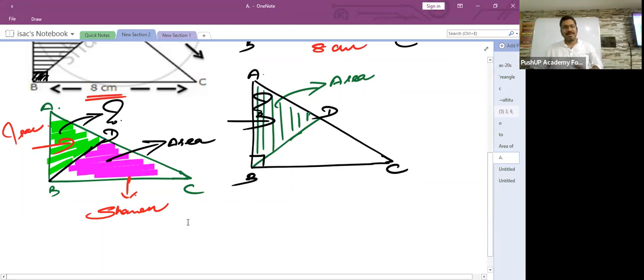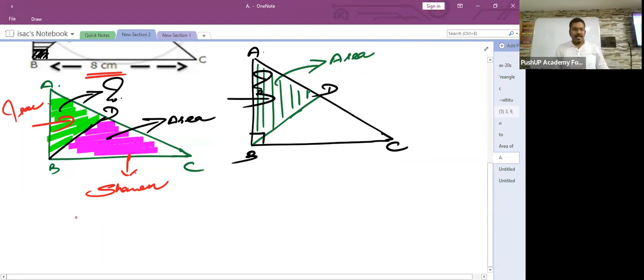All right, fine. So let us find out how much is the area of the big triangle ABC, which happens to be a right angle triangle. Children, pay attention, go home and practice it once.